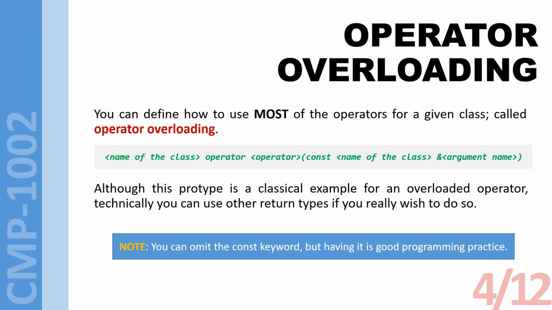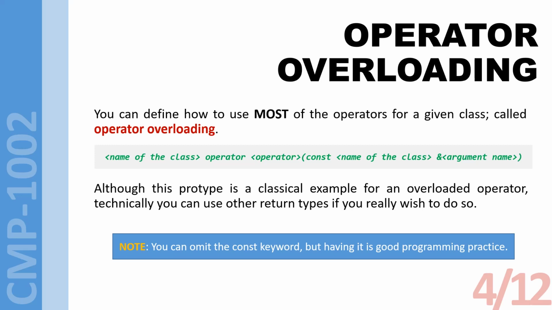As you can see, this is like a function declaration within the class: the return type, then the keyword operator followed by the operator symbol, and that is going to be the name of the function. After that come the arguments. So if your operator is addition, plus, then your function name is going to be operator plus. Imagine that you have a function whose name is operator plus. That is what it is.